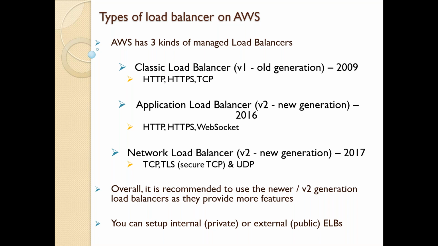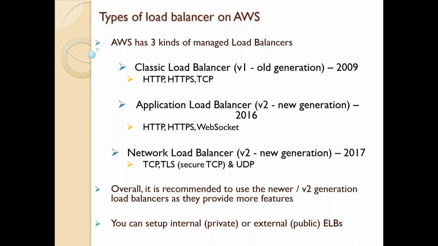So we have application load balancer, which was released in 2016, and it works on the application layer, or it's called layer 7 load balancer, where it uses the HTTP, HTTPS, and WebSocket protocols, and it doesn't use any other protocol. So they have segregated the one that works on the application layer from the one that works on the network layer.